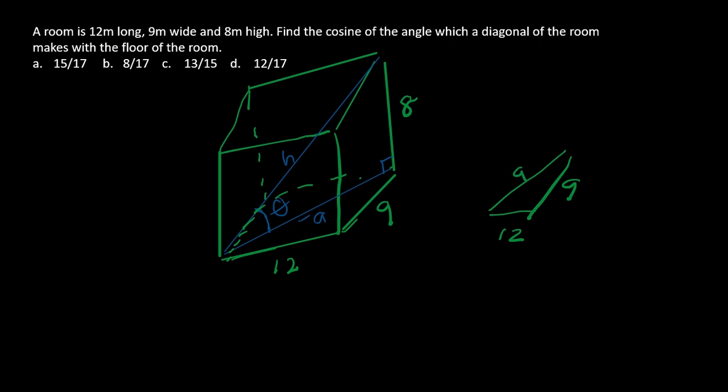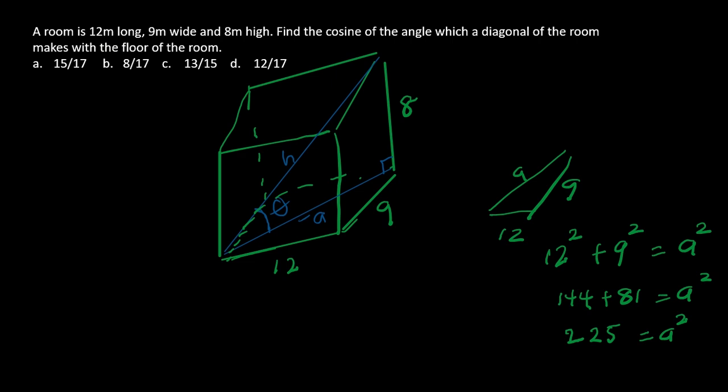So this is the hypotenuse. According to Pythagoras theorem, opposite squared plus adjacent squared is equal to hypotenuse squared. So 9 squared plus 12 squared is equal to a squared. So this would be 81 plus 144 is equal to a squared. If I add 144 plus this, I'm going to be getting 225. 225 is equal to a squared.